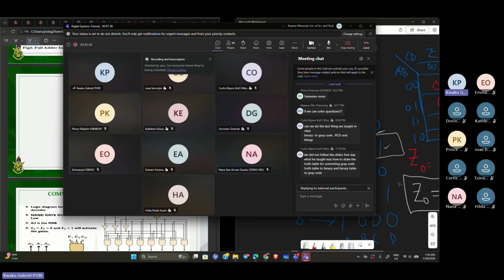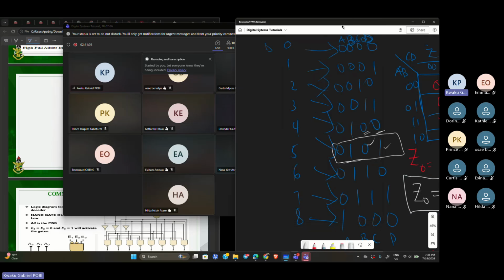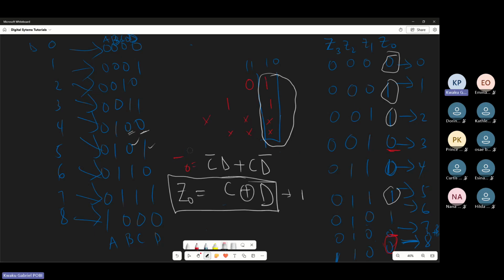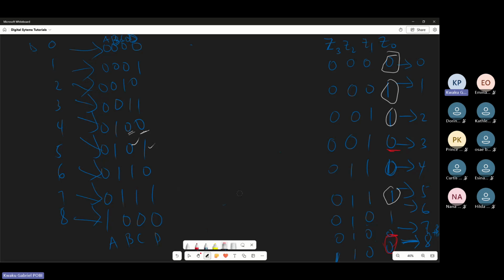Then now, let's do Z1. So Z1 too, we'll use the same implementation we've done for Z0. So I'll clean this one, but you keep Z0 as C XOR D in your mind.